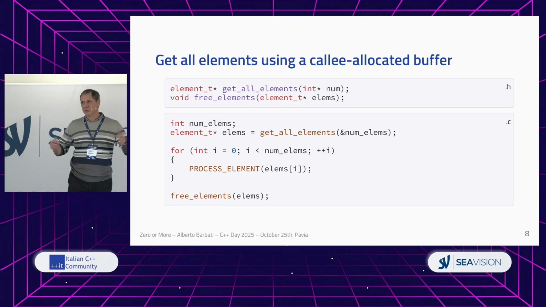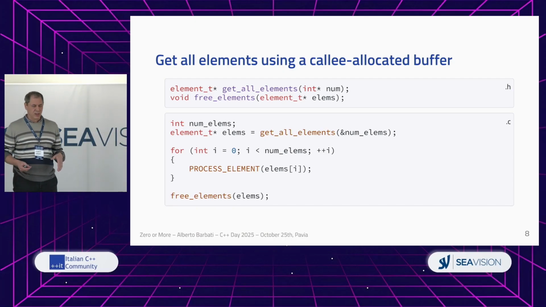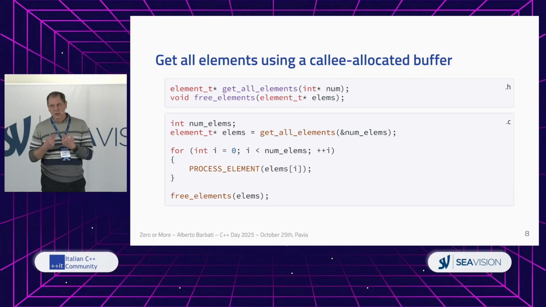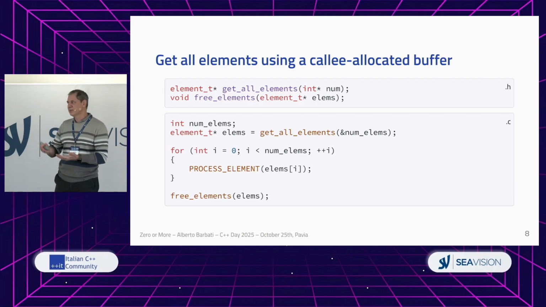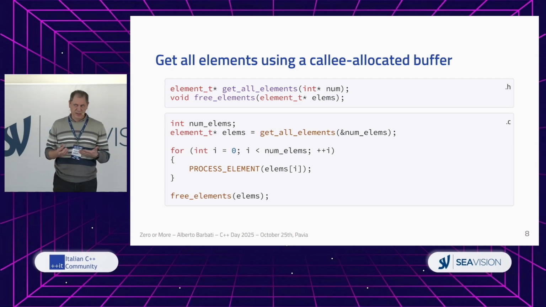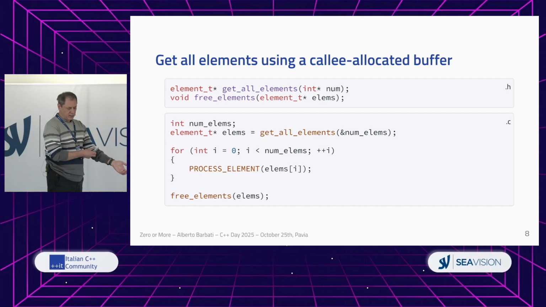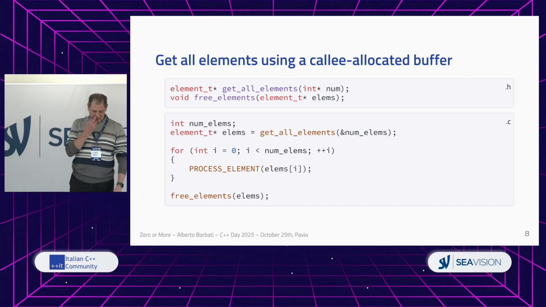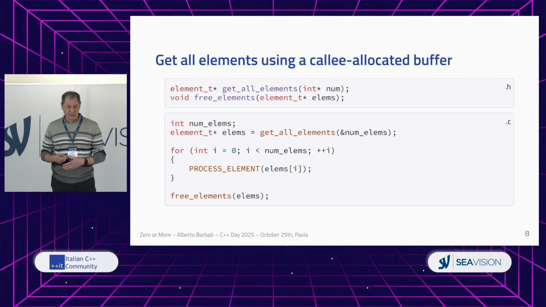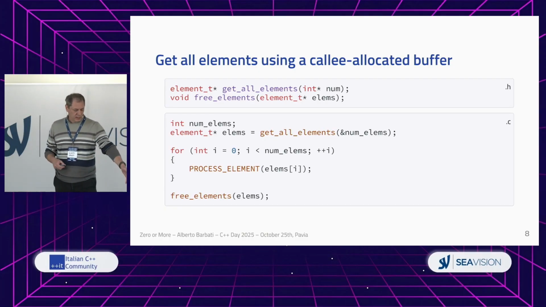Okay, so what if we get all the elements at once? I want to have all the elements. I don't want one or a few of them. I just want all of them. In this case, since the caller doesn't know in advance how many elements we have, the best thing is to let the function allocate the buffer. The function returns a buffer that is allocated for the caller. It returns, of course, the number of elements.